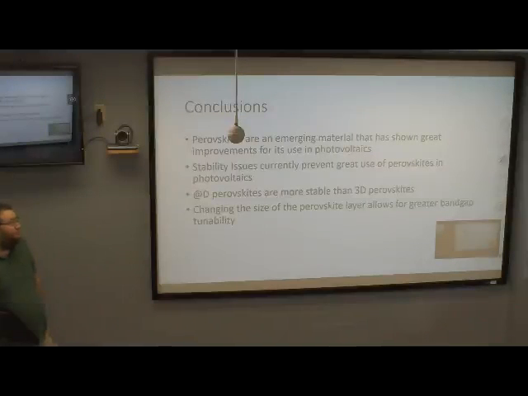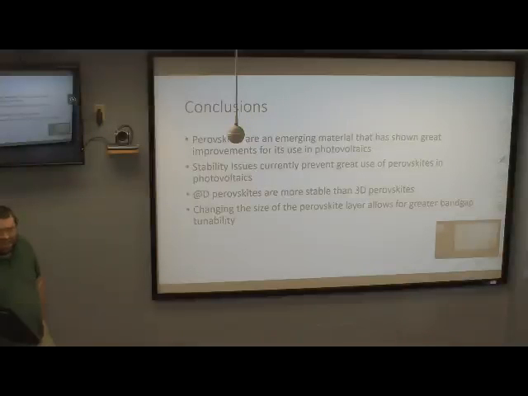So the perovskites are an emerging material that has shown great improvements in photovoltaics. It has some issues that need to be resolved before it can be used industrially.